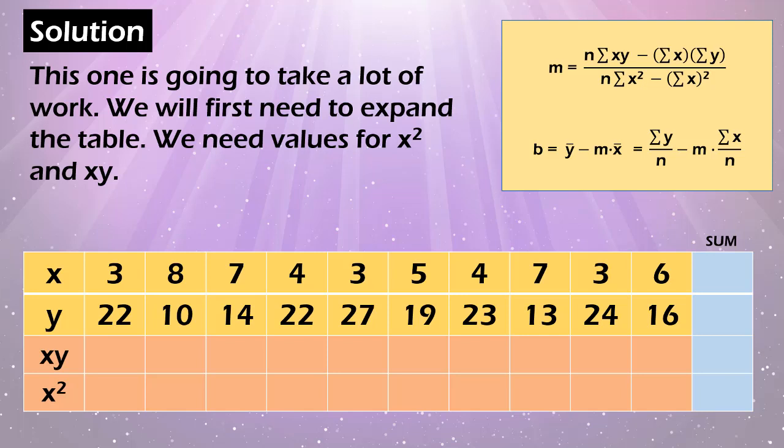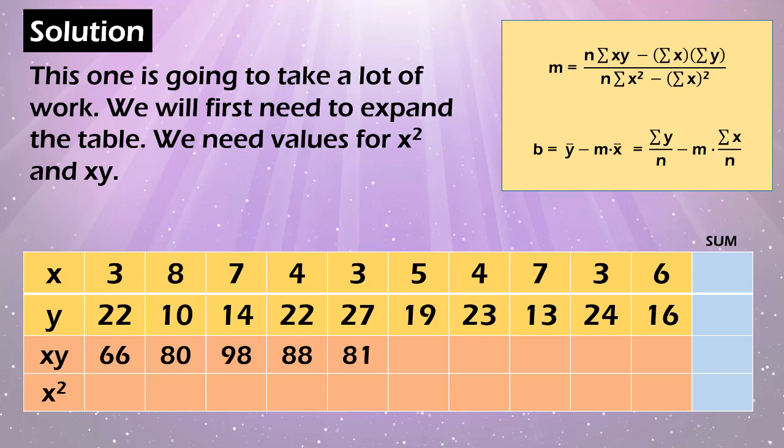We'll start with the x times y row. So when the x is 3 and the y is 22, the x times y is 66. When x is 8 and y is 10, x times y is 80. When x is 7 and y is 14, x times y is 98. When x is 4 and y is 22, x times y is 88. When x is 3 and y is 27, x times y is 81.